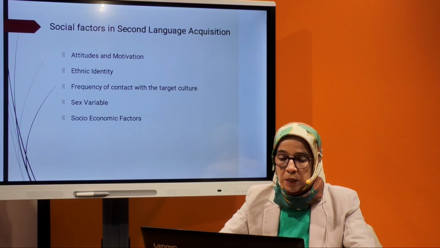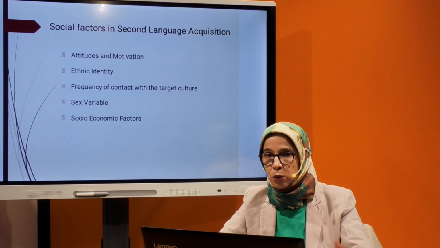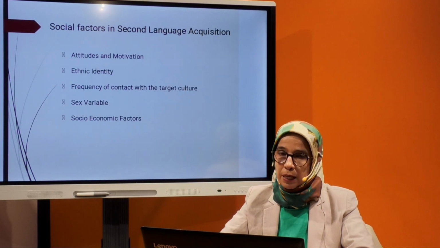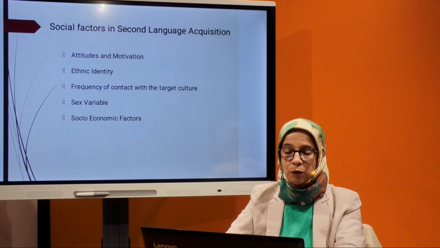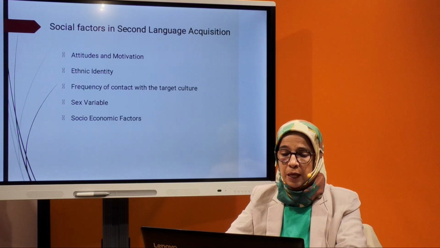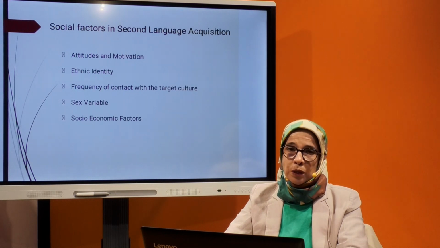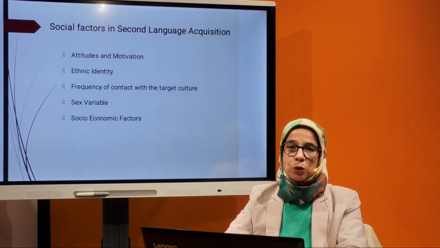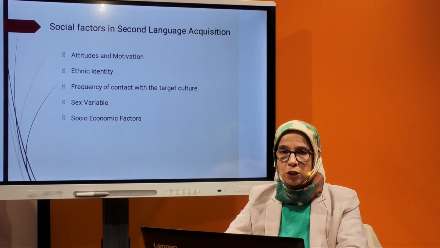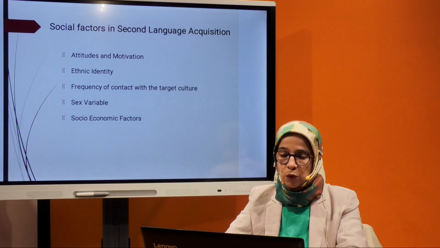So for Schumann, acculturation is defined as the social and the psychological integration of the learner with the target language group. But to integrate with the target language group, there are certain stages according to Schumann. There are certain stages of acculturation that are as follows.